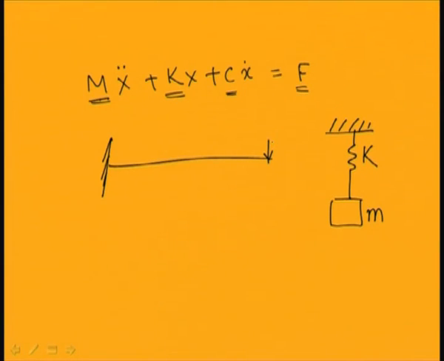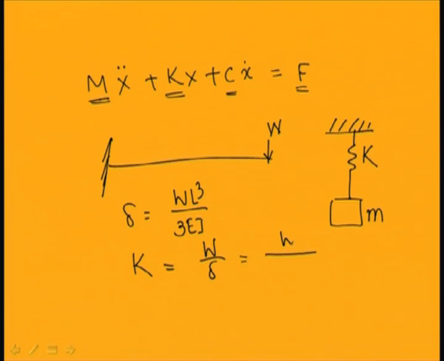If you apply a load W, it will have a deflection at this end delta equal to W L cubed by 3 EI. So you found the stiffness K equal to W by delta, which is W by W L cubed by 3 EI. The W cancels, so it becomes 3 EI by L cubed.